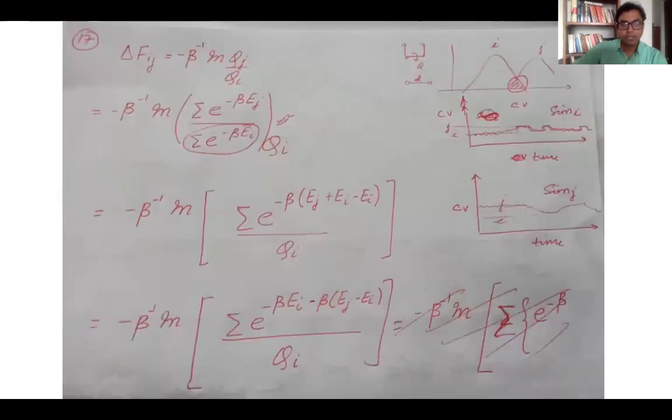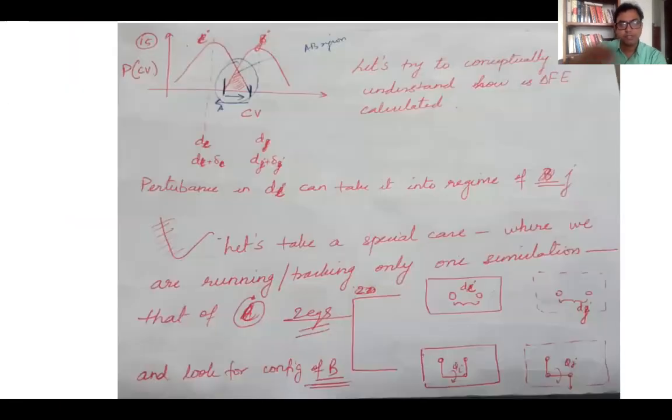Now let's go back to this one, right? Imagine that you are in a collective variable space here. Of course, the J is too far removed from the I, right?